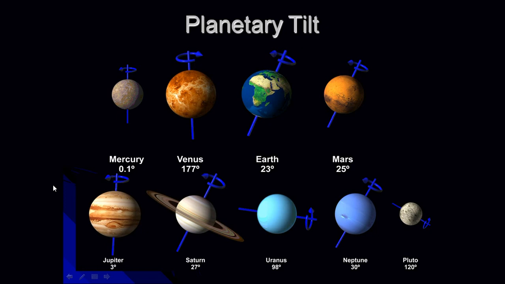So Venus has an opposite rotation, and its degree of tilt is vastly larger than that of the others. Also, Uranus tilts at a high angle, and it rotates sideways, but still in the same direction as the other planets, Venus being the only one that's unique.